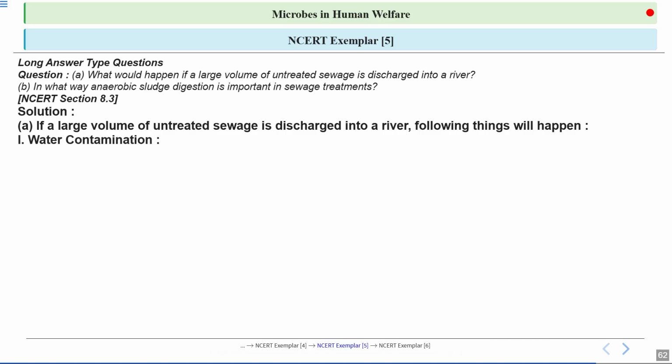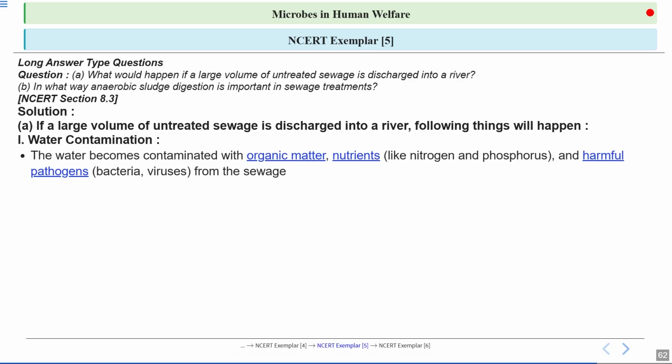First, water contamination. This is a major issue, the immediate effect when sewage enters the river. The river water gets polluted with organic matter, nutrients like nitrogen and phosphorus, and disease-causing microorganisms, and they can increase.